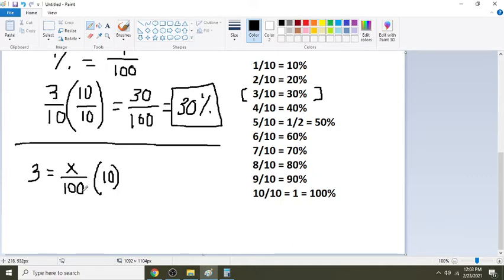Percent means over 100. Of means you're trying to multiply it by 10. You put this up in the numerator, and this one goes down the denominator. That would be 3 times 100 over 10 equals x. 100 divided by 10 leaves you with 10. 10 times 3 is 30. That's 30%.